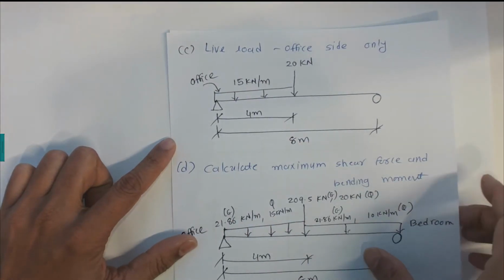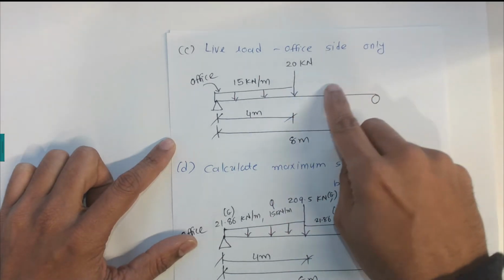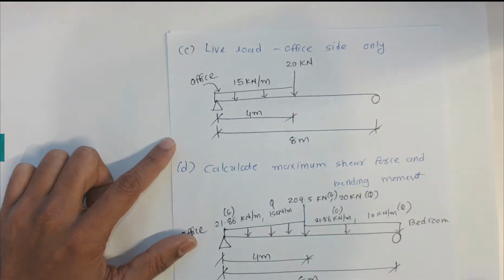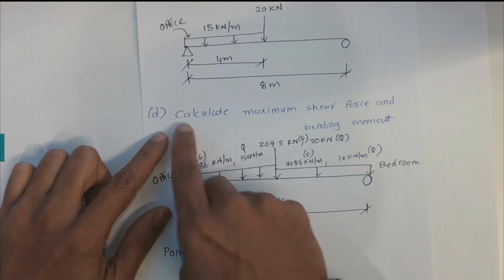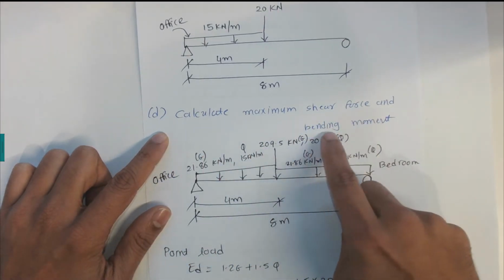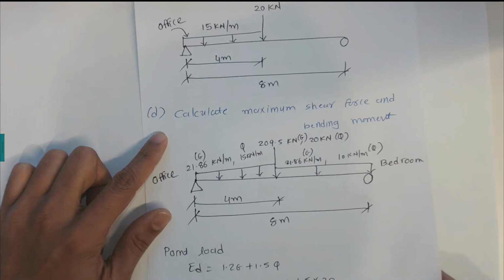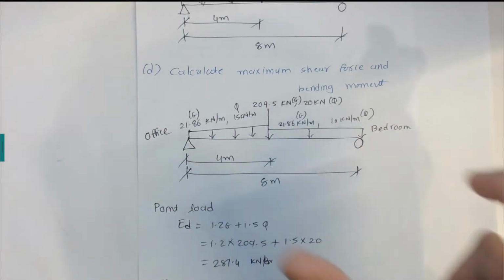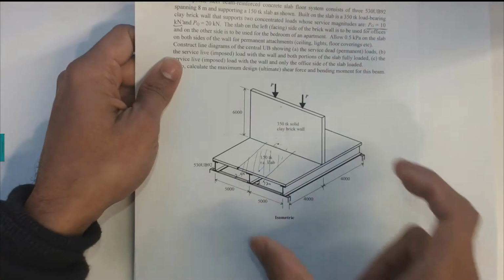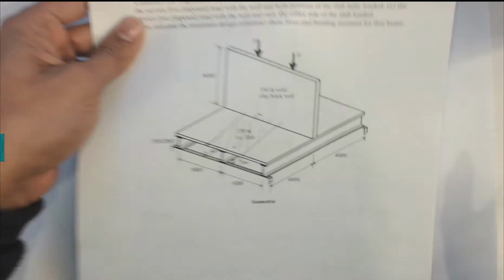Quite easy on this one because we are just ignoring what we did for the bedroom live load. Now the last question is to calculate the maximum shear force and bending moment. In this case I'm going to put everything onto one diagram. This is the steel beam, which is 8 meters.